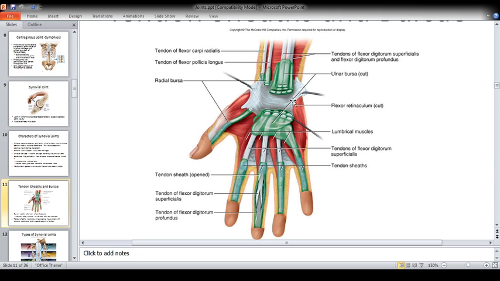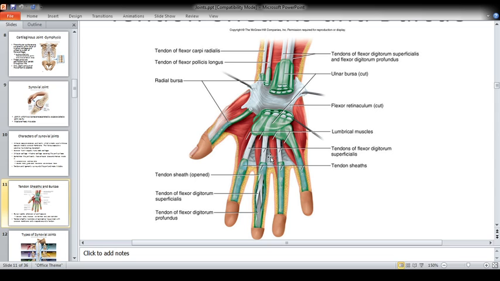This is a larger structure that is known as flexor retinaculum. Very important in the flexion of the wrist joint. Then these are small muscles of the fingers, which are known as lumbricals. And you can see from here the tendons of flexor digitorum superficialis, which would attach here in the middle phalanx.